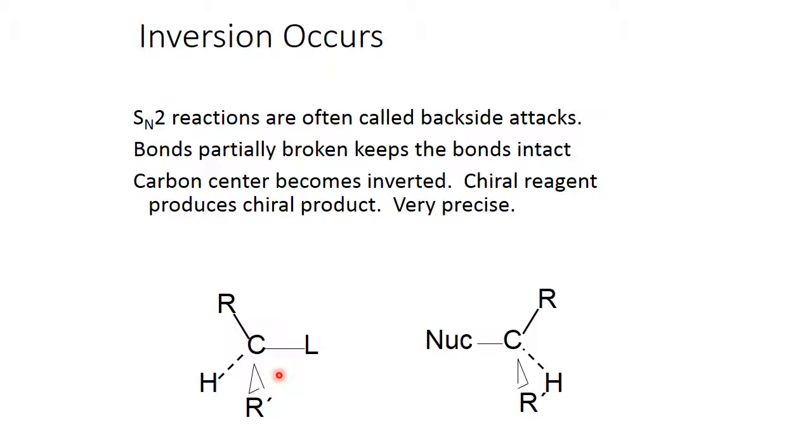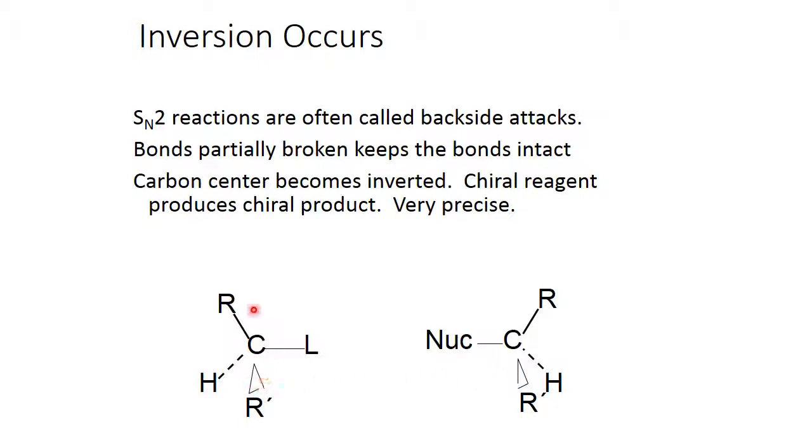SN2 reactions are called backside attacks. The nucleophile is coming in on the side opposite the leaving group, so you can consider this the backside of the carbon, and the nucleophile is coming in on this side as the leaving group leaves. The carbon does become inverted. If this is a chiral carbon, it will be chiral afterwards.